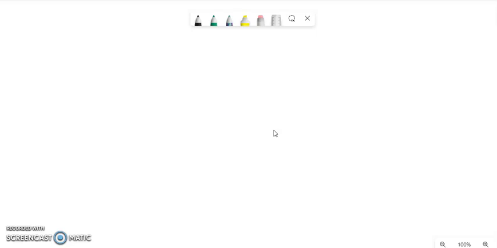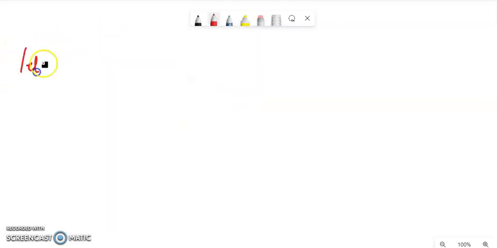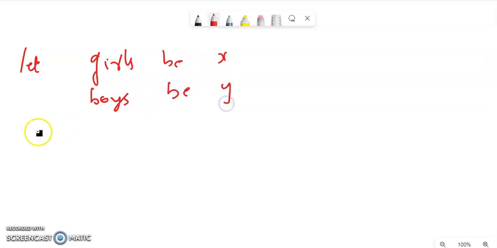So how will we reach the equations? Understand it carefully. They say that there are 10 students taking part in a quiz. That means it will have girls as well as boys. So let the number of girls be X and the number of boys be Y. Totally, X plus Y is equal to 10.